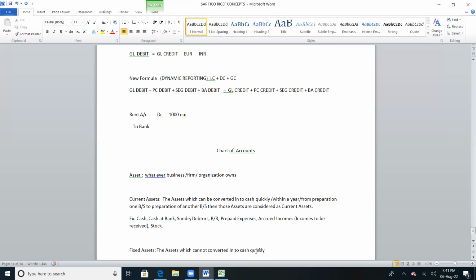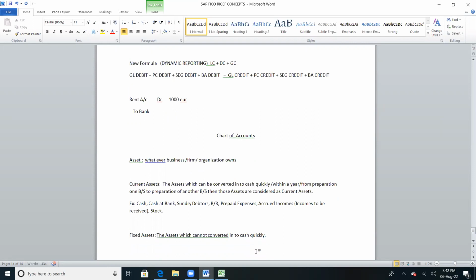Quickly in the sense within a year, from preparation of one balance sheet to another balance sheet. So the assets which cannot be converted into cash within that period are considered as fixed assets.